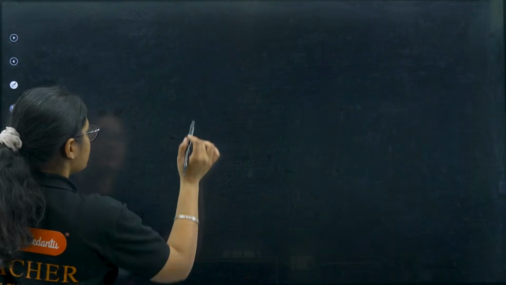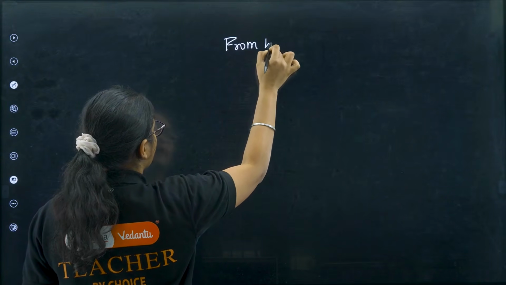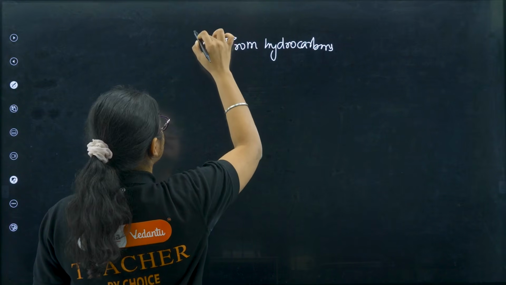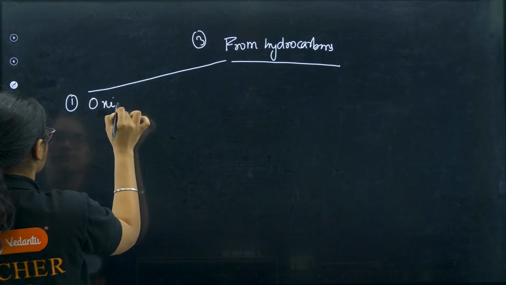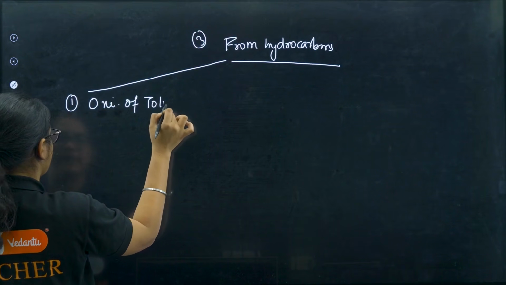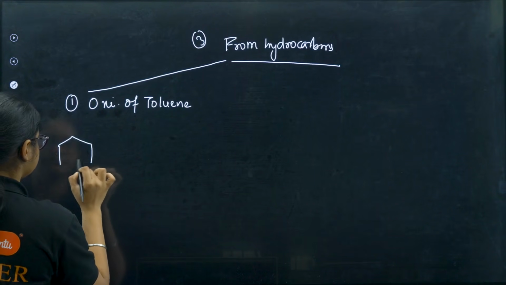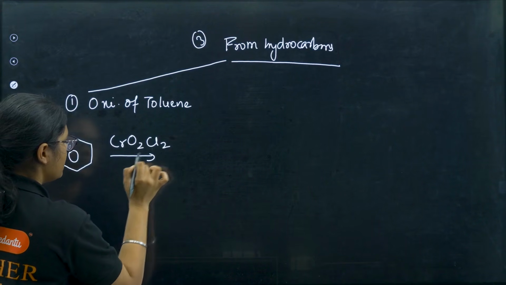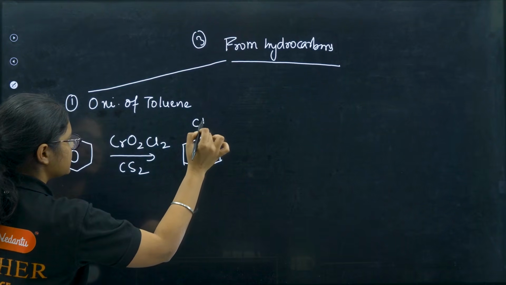Oh sorry, that is your Etard reaction. So methods of preparation from hydrocarbons: I have this third category. Under that, the first one is oxidation of toluene. While making notes you can write it as short as possible. Here you have toluene, you treat it with CrO2Cl2 in the presence of CS2, you will get one intermediate and the final product is CHO.